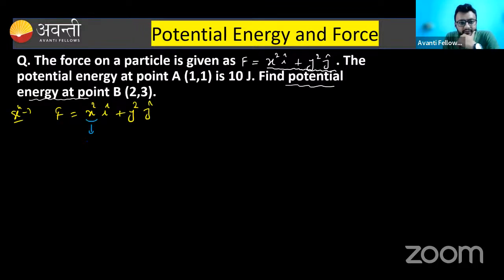It is Fx. The term written with j cap is Fy. This is the basic thing that I am telling you. So you know Fx and you know Fy. Clear?